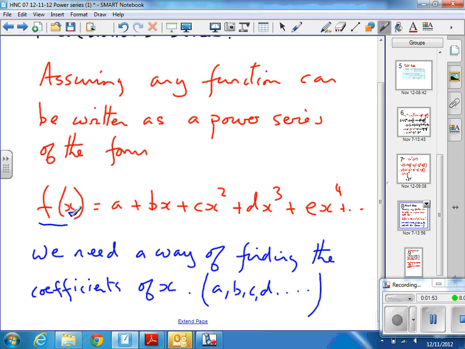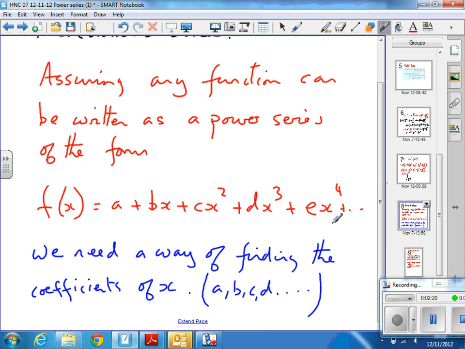There's some constant, some term involving x, some term involving x squared, maybe some term involving x cubed, and so on, ad infinitum. And it's quite a reasonable assumption: if we've got an x, there could be something involving an x, something involving an x squared. There may not be a term involving x cubed, and so on.